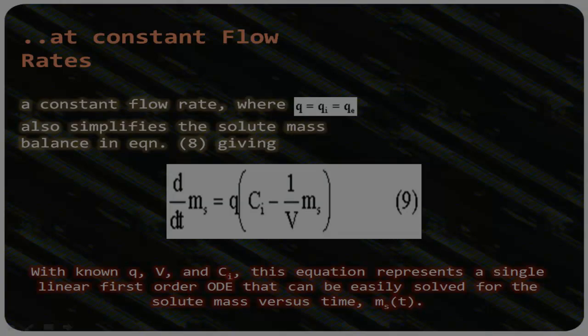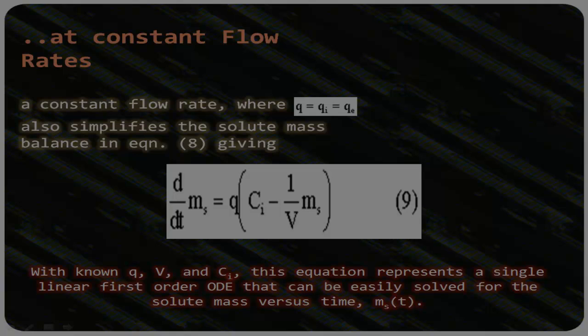At constant flow rate, Q equal to Qi equal to Qe simplifies the solute mass balance in equation 8, giving the change in the mass of solute over the change in time is equal to Q times the quantity Ci minus Ms over V, which is equation number 9.